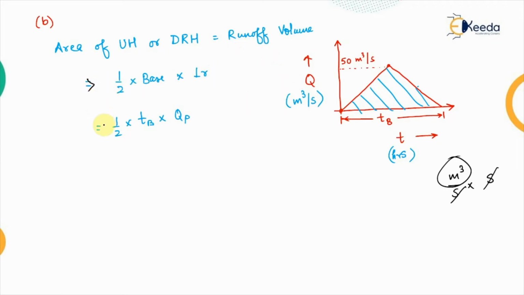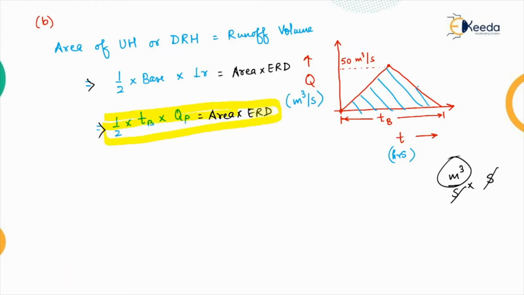So this half into base into perpendicular distance will be equal to the area of the catchment into the effective rainfall depth. So this is the formulation that is used frequently. Now here the effective rainfall depth will be equal to 1 centimeter if we are talking about the unit hydrograph.